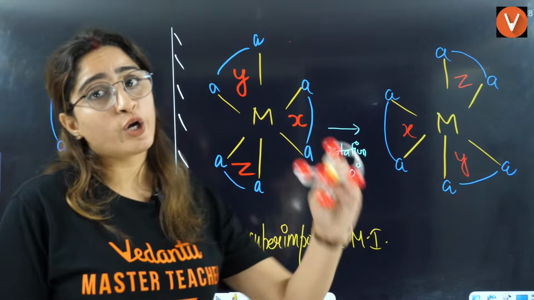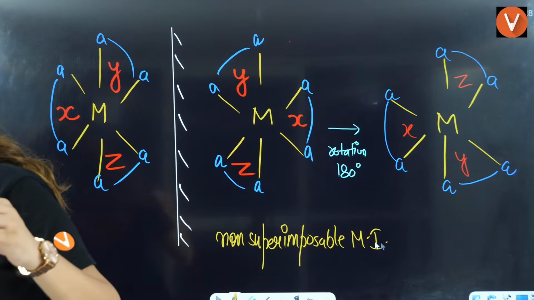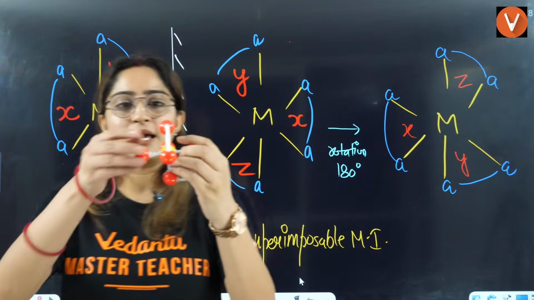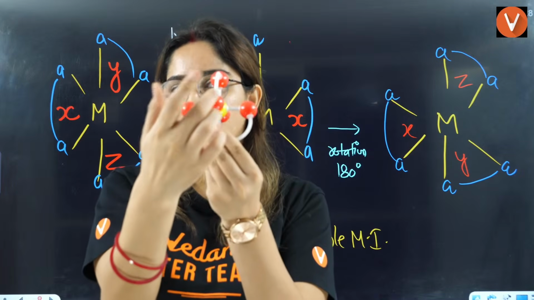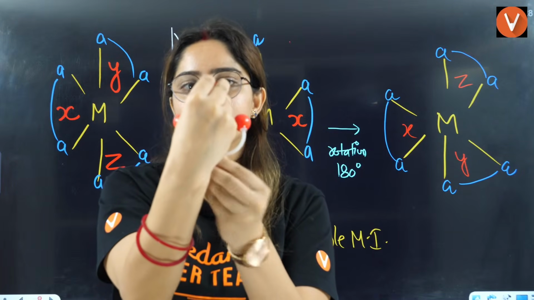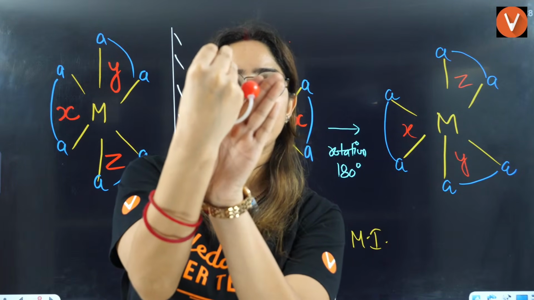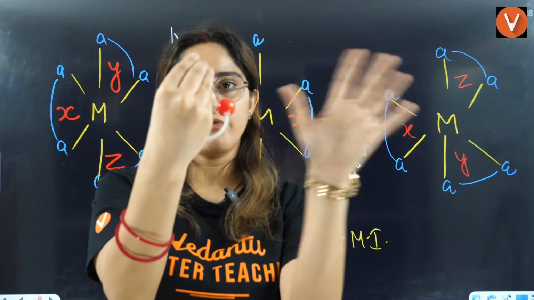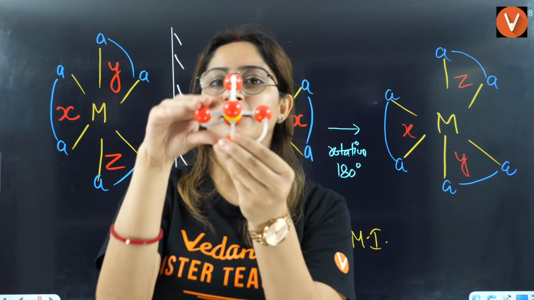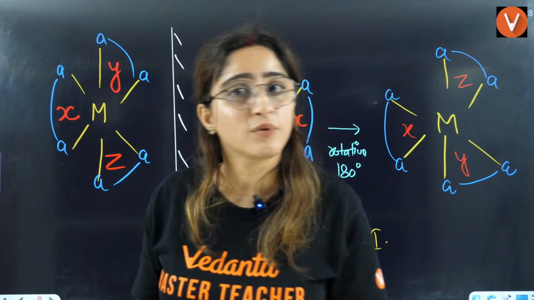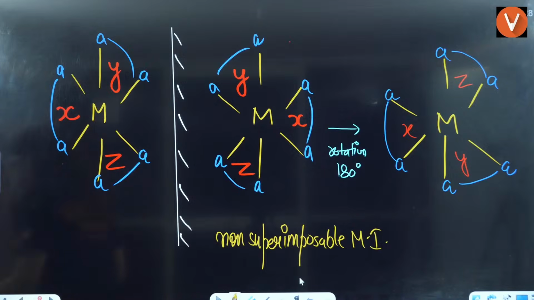I have also taught you in 3D that if you pass a plane here, let's say this is the y-axis. This y-axis is with this one, that is the z-axis on one part. This y-axis is with this one, that is the x-axis on another part. So how come they are the same? Not the same, right?